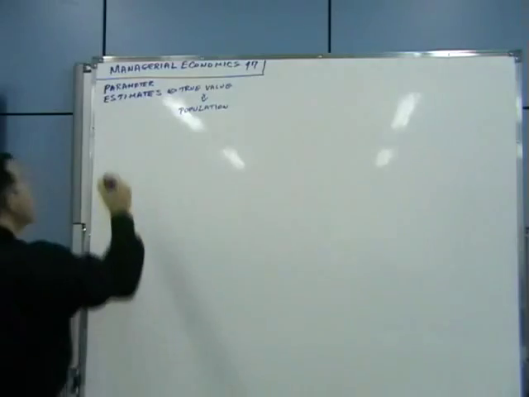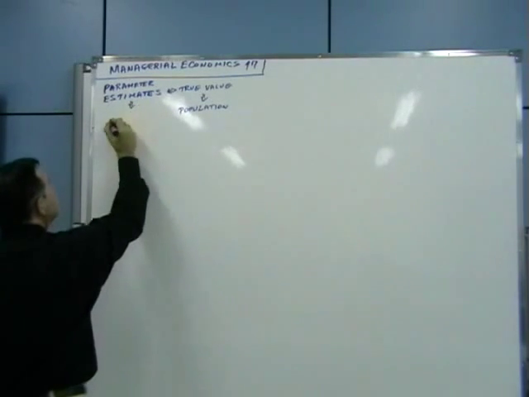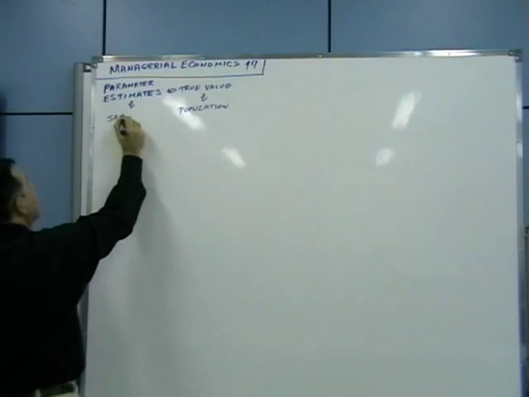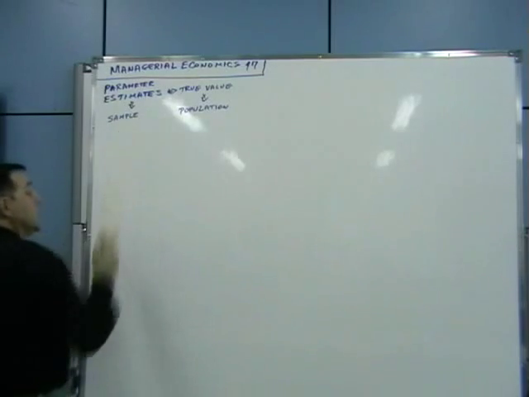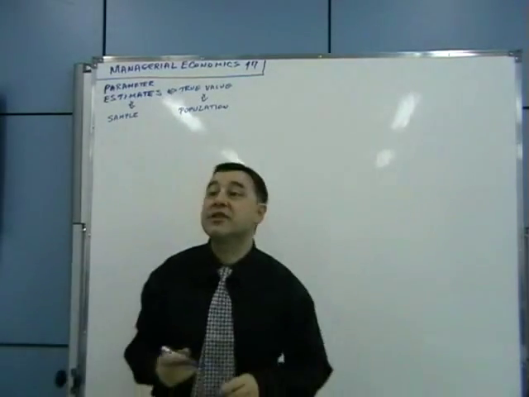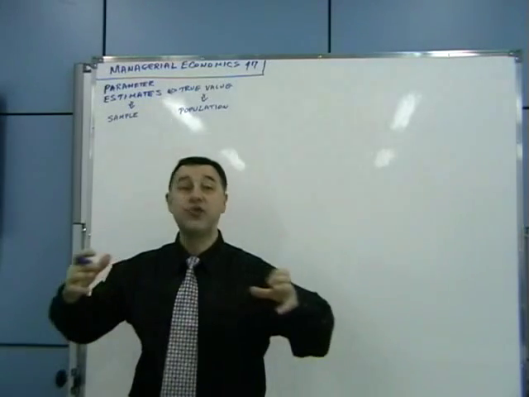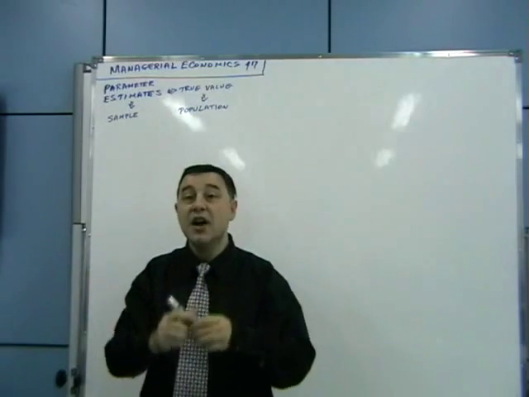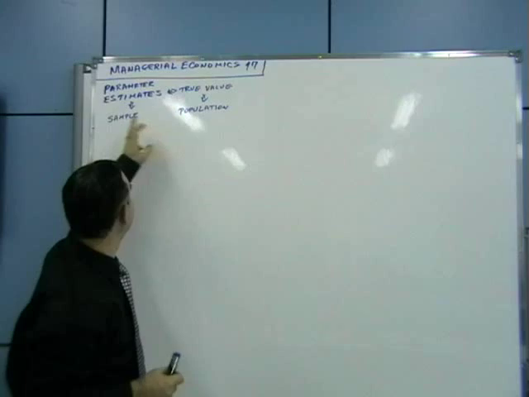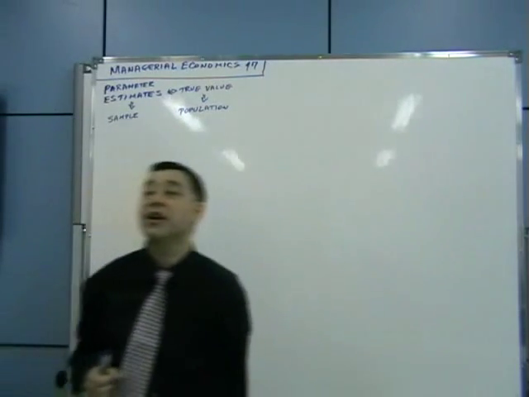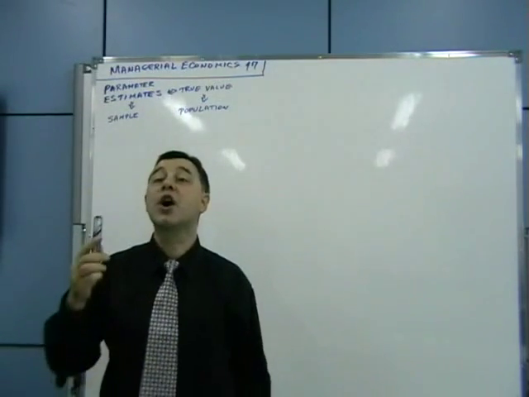Okay? And the estimate was basically based on a sample. So a sample represents a subset from the full population. The fundamental reason for using a sample instead of the population is cost.